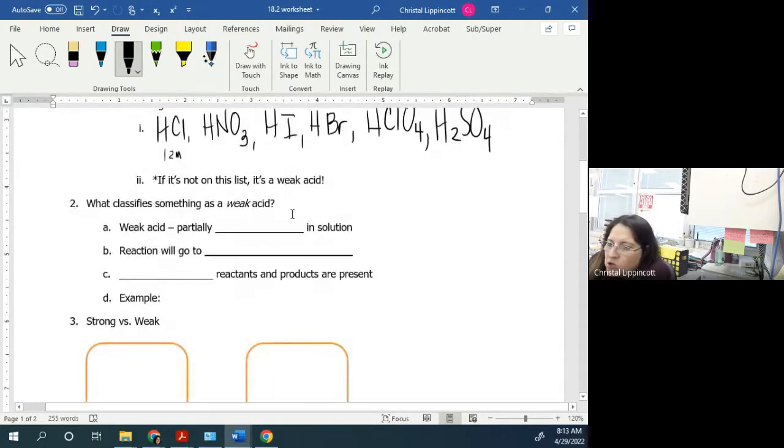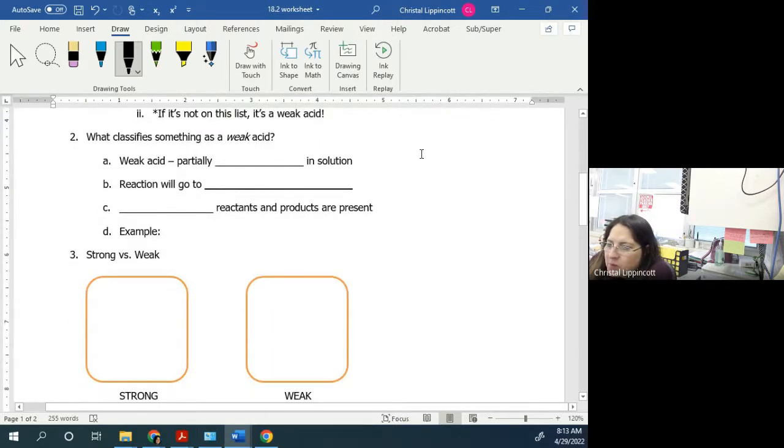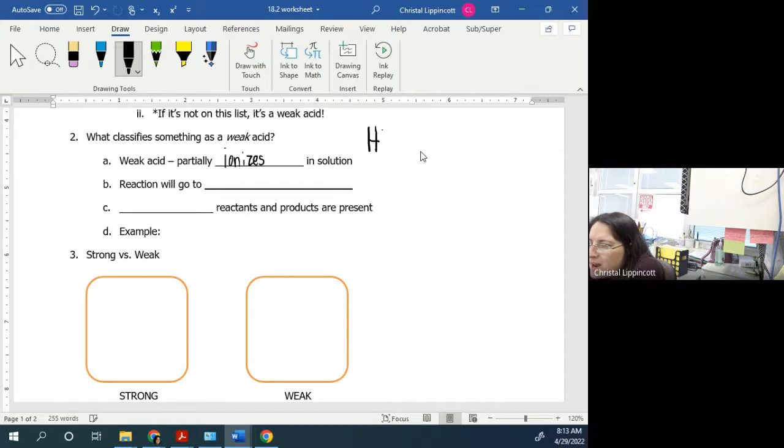Okay, so what classifies something as weak? Anything that's not strong is weak, and a weak acid partially ionizes, and I'll show you what that means in terms of an equation again here with an actual weak acid. So HF is a weak acid.